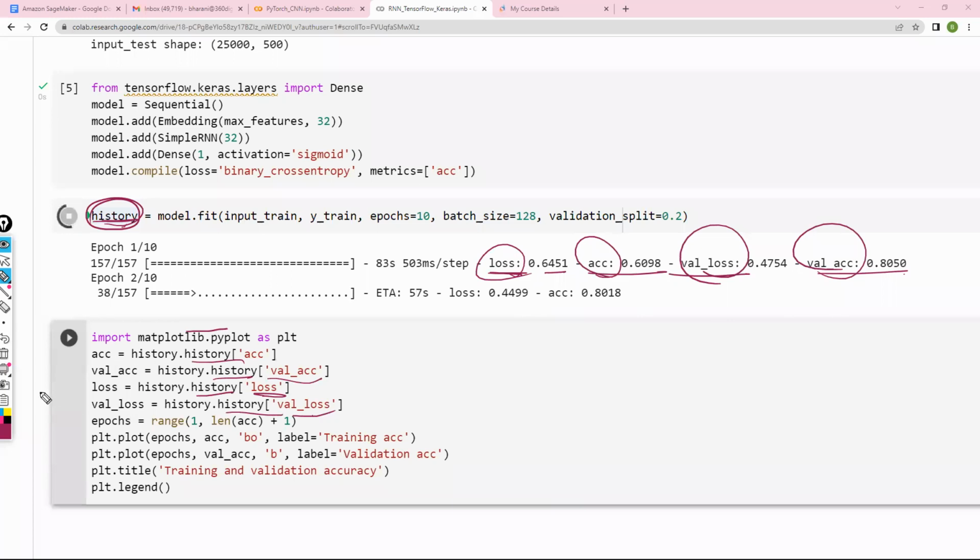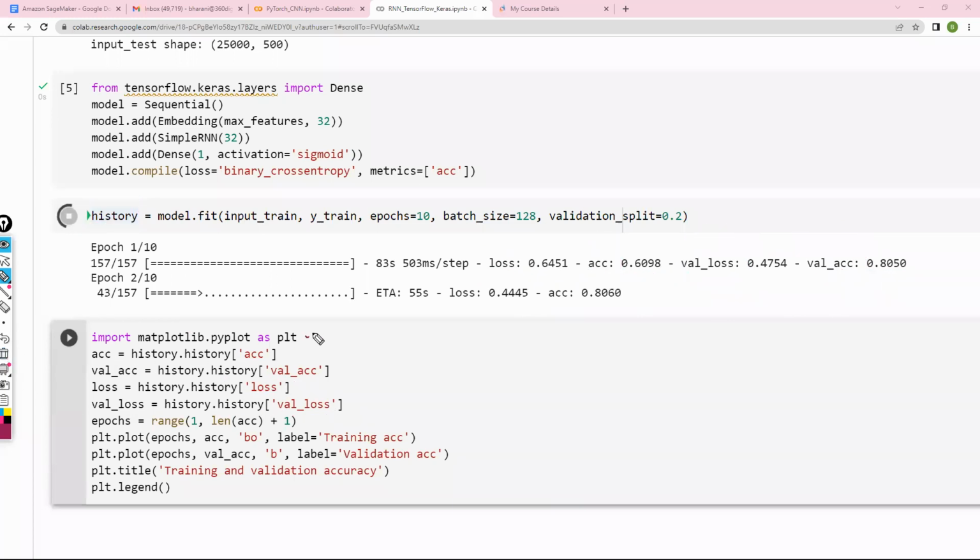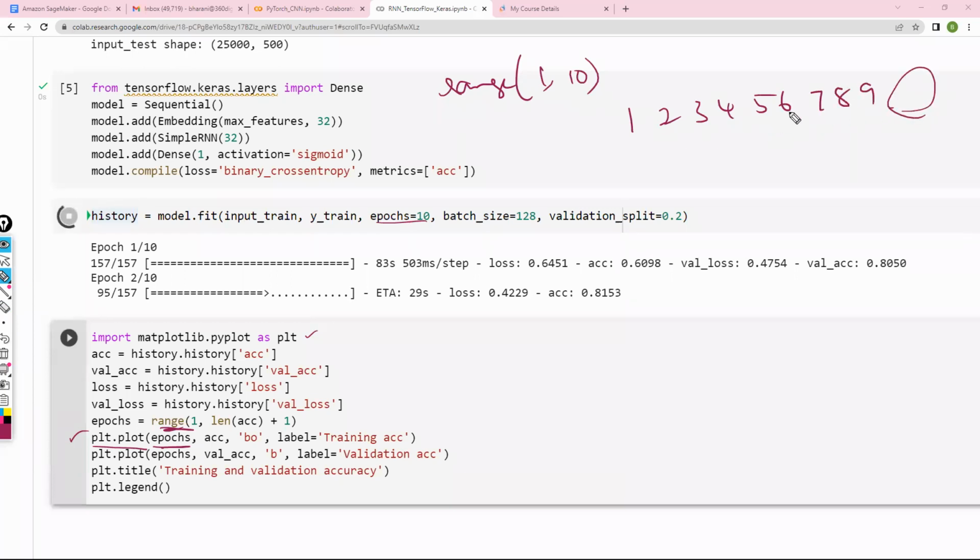You're taking all those values and you're importing matplotlib. Then you're saying, let me plot epochs, 10 epochs, right? So you're saying range of 1 to length of accuracy plus 1. Whenever you say range in Python, when you say range of 1, 10, it will give 1, 2, 3, 4, 5, 6, 7, 8, 9. 10 it doesn't give.